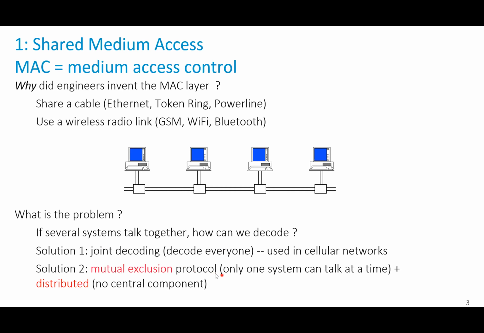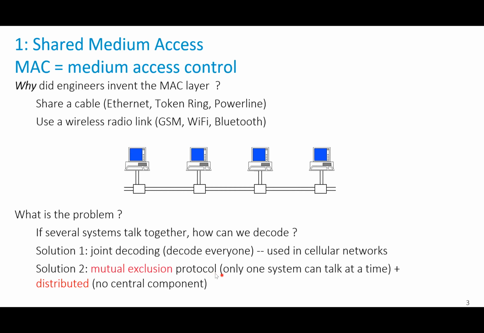So we want in particular that there is no central component. So those 4 computers should be able to work on the wires without any special one taking the role of an arbiter.